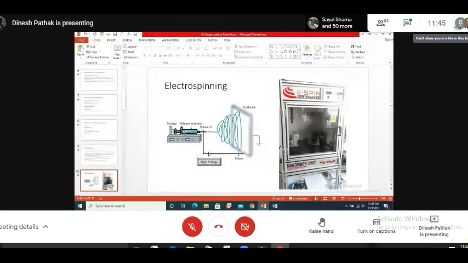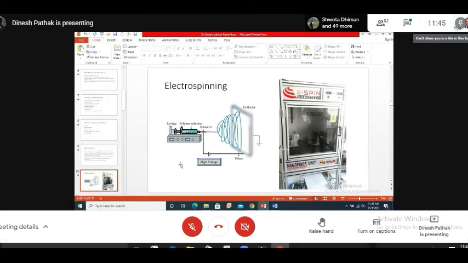So what is electrospinning? We should first make a solution, either a polymer solution or a blend of polymer and metal oxide precursor. You might ask why we are adding metal oxide to polymer: because polymers don't have much good strength. So sometimes we use metal oxide nanofibers.